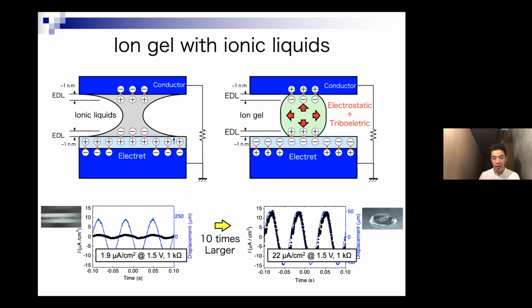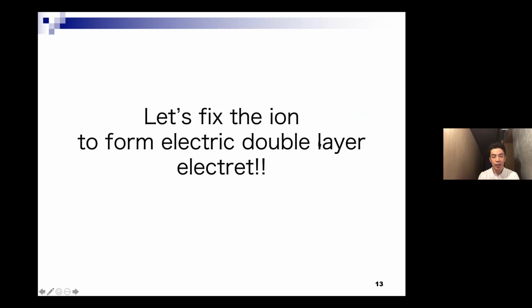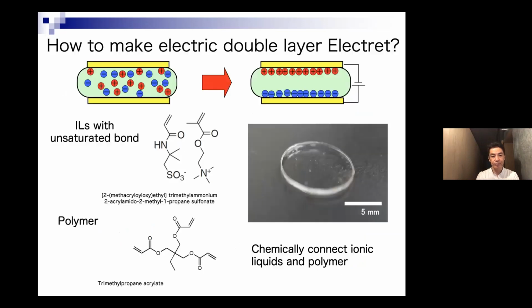But still, in any case, we need to use the electrode for this. So then I have a new idea to fix the ions to form the electric double layer electrode. So how to make an electric double layer electrode?